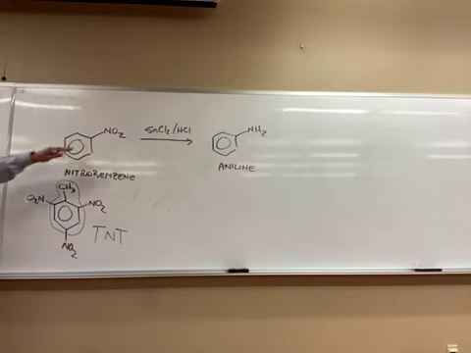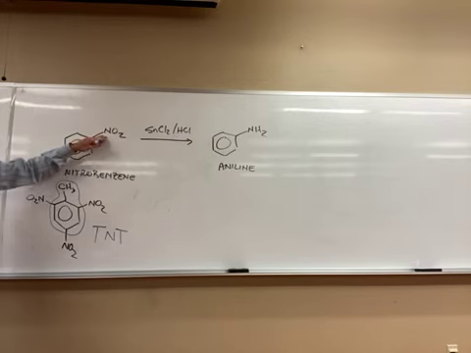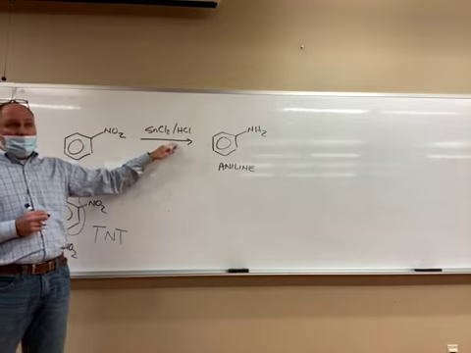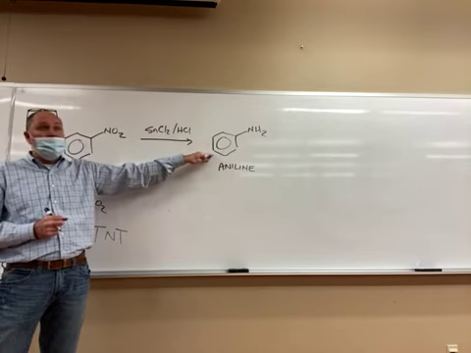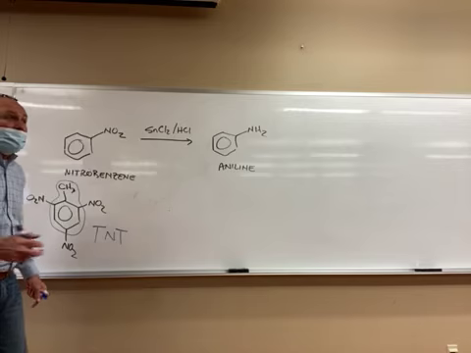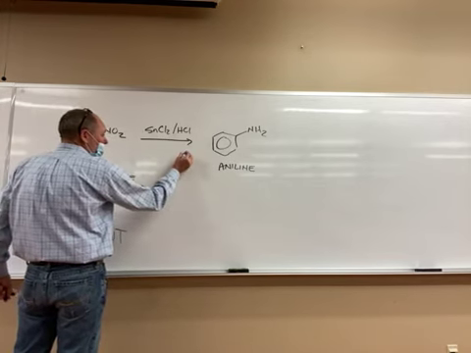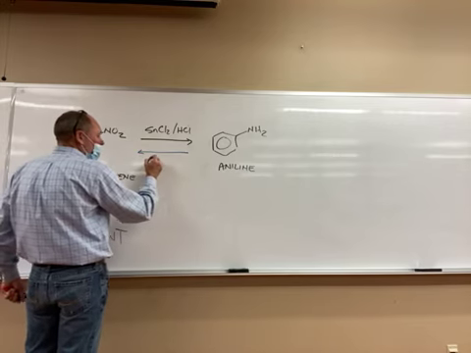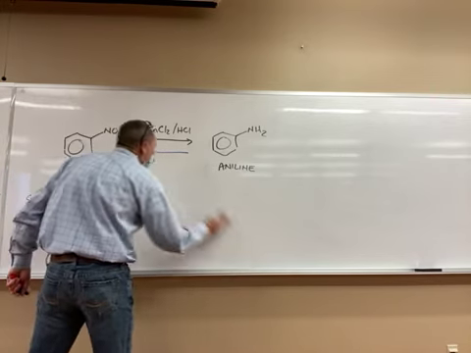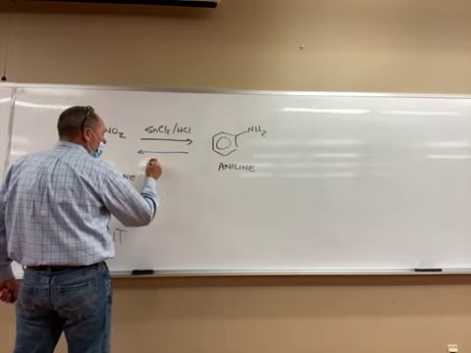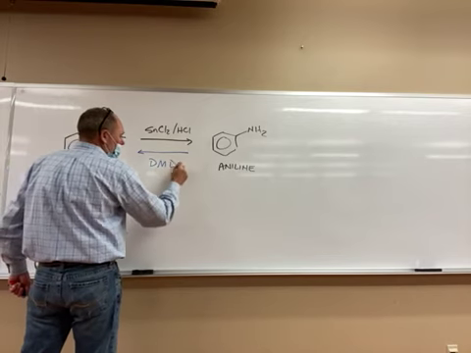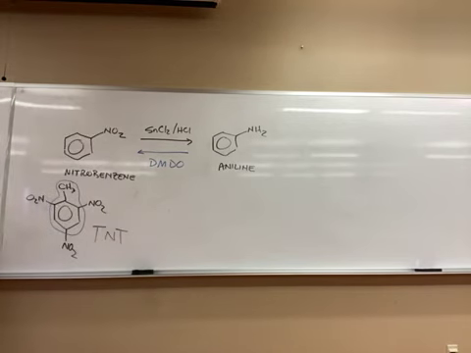So in the reaction of taking a nitro group, we can hit it with tin chloride and hydrochloric acid, and reduce it to the aniline. The other thing that's really cool is I can go the other way with this. I can take an aniline and hit it with DMDO. Not DMSO, DMDO.